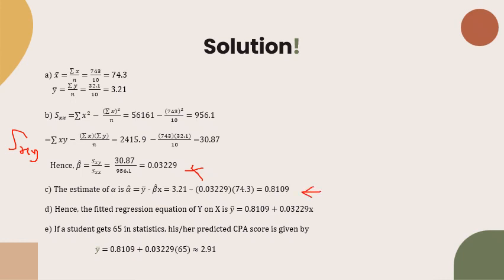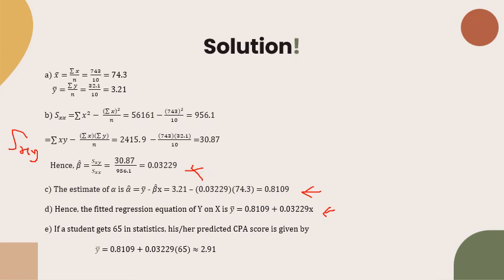And for D, hence, the fitted regression equation we can propose is y hat equal to 0.8109 plus 0.03229x. And since the question asks what if the student gets 65 in statistics, what is his or her predicted CPA?